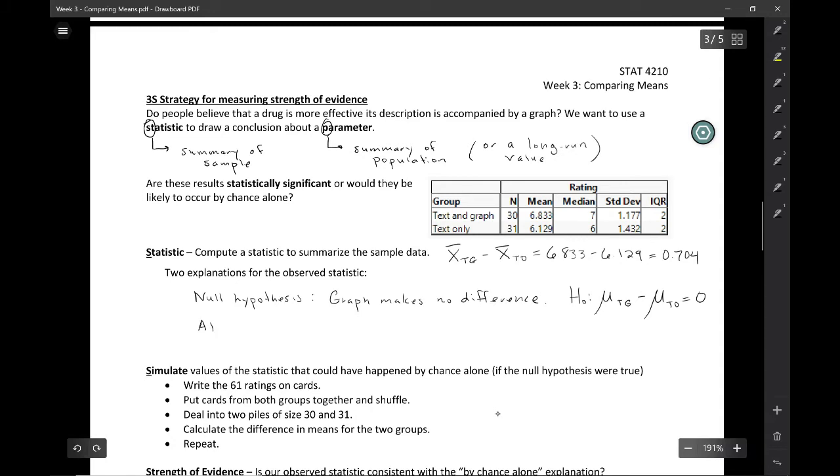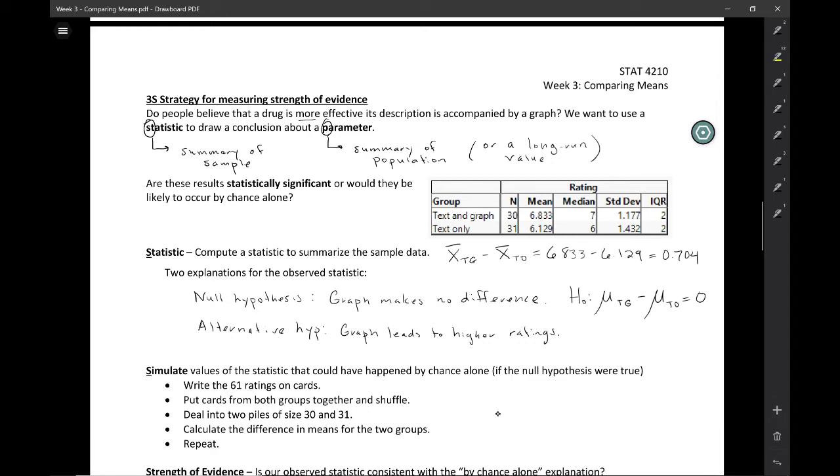The alternative hypothesis is going to sort of depend on how the question is phrased, so I've repeated it here. Do people believe that a drug is more effective if accompanied by a graph? So if I'm writing this in words, I might say that the graph leads to higher ratings. And this sounds kind of causal, but that's actually okay here because we do have random assignment.